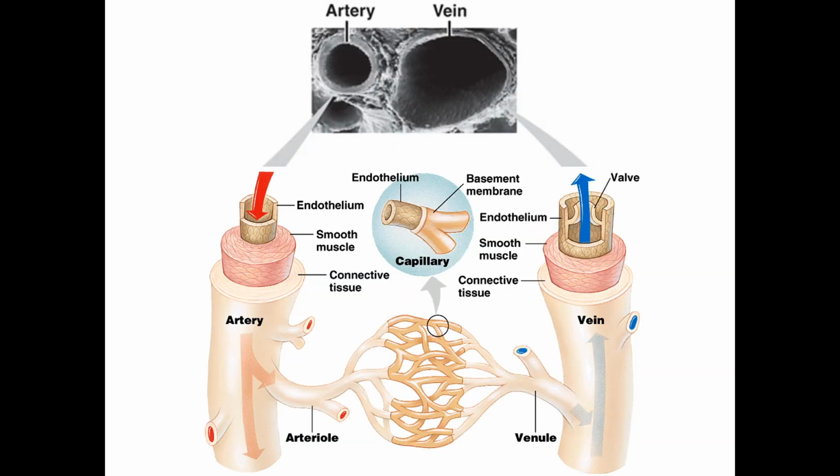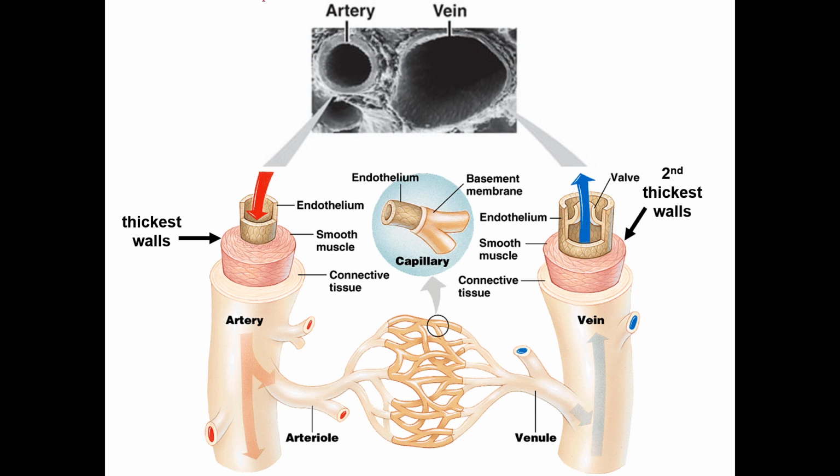Some other features we should know about comparing arteries, capillaries, and veins is how thick or how muscular their walls are. So arteries have the thickest walls of all. They're extremely muscular, able to withstand very, very high blood pressure, which we'll talk about later. Veins are the next thickest, but it's much thinner than arteries are.